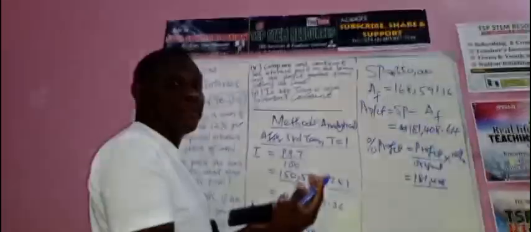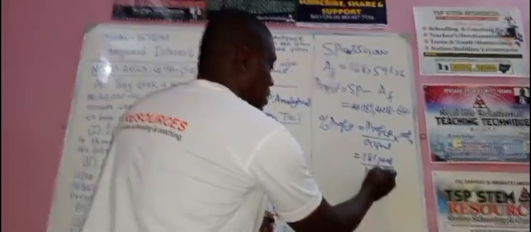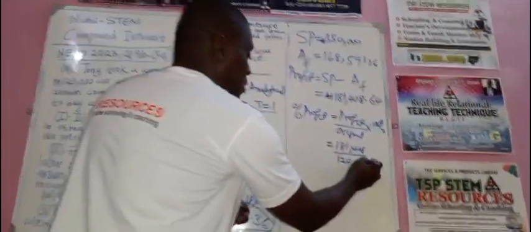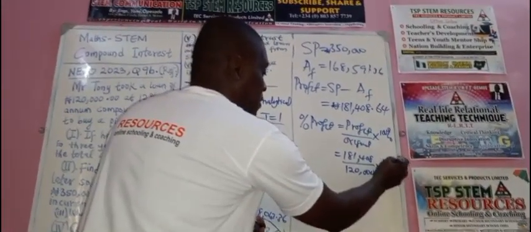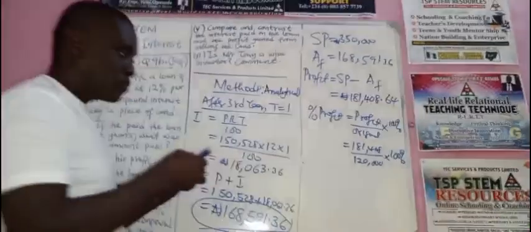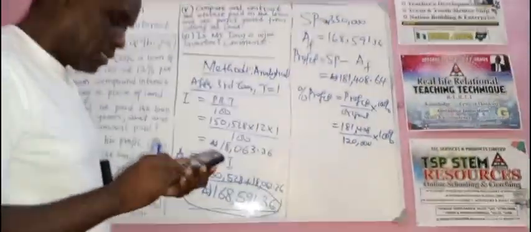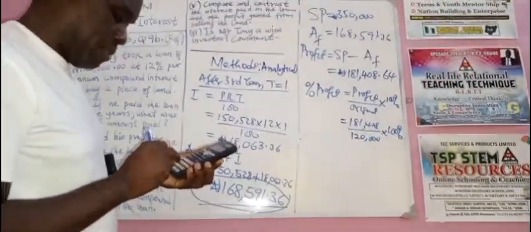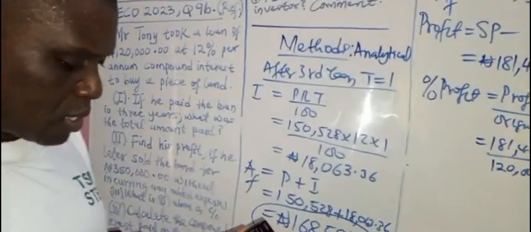That is the initial capital. 120,000 times 100%. Okay, let's compute that. I have that times 100 divided by 120,000. Can you see that?